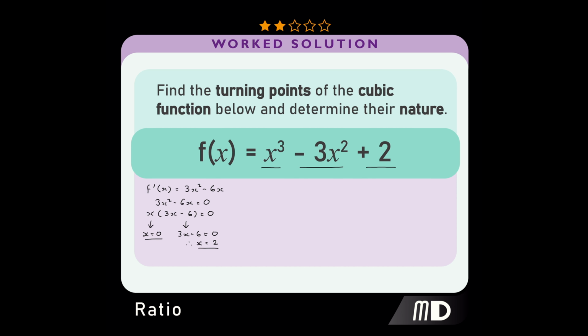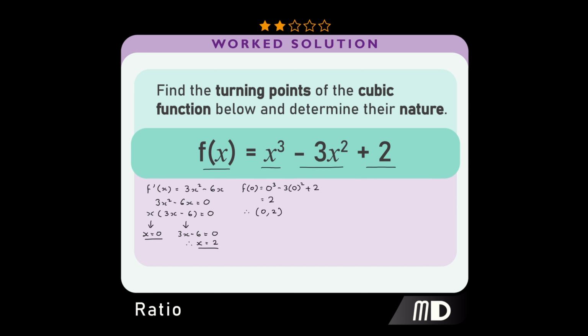Substituting both values of x into the cubic function we started with gives us the corresponding y coordinate. F of 0 is equal to 0 cubed minus 3 multiplied by 0 squared plus 2, which is equal to 2. So 0, 2 is the coordinate pair of the first turning point.